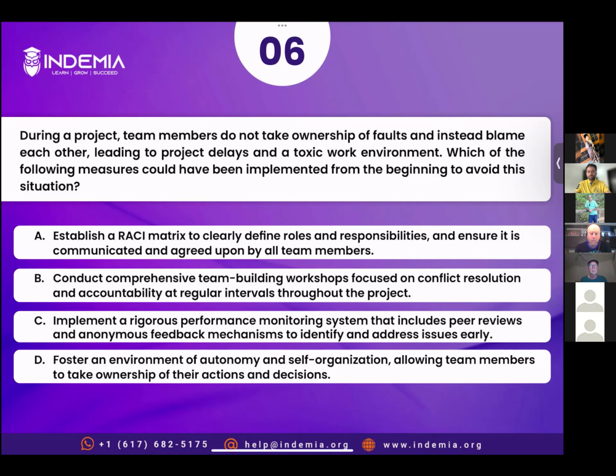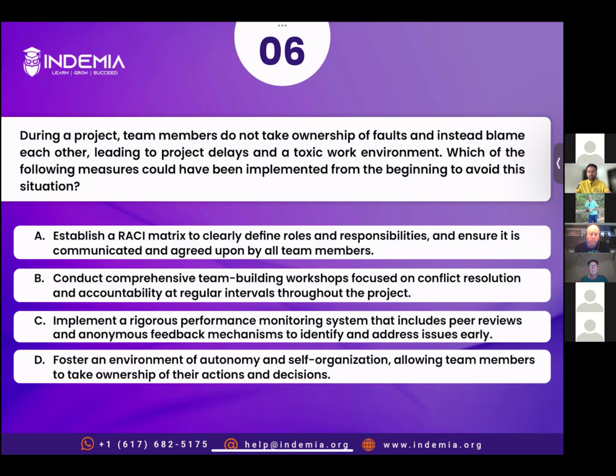Correct answer is option A, establish a RACI matrix to clearly define roles and responsibilities and ensure it is communicated and agreed upon by all team members. And why RACI? Because in RACI, you write who is responsible for this action, who is ultimately accountable and answerable. So accountability is directly addressed through a RACI matrix, right?